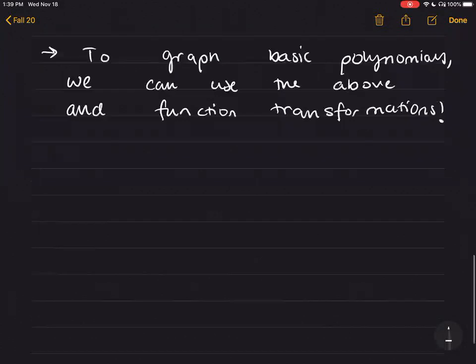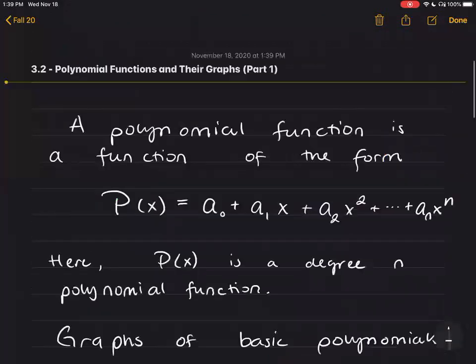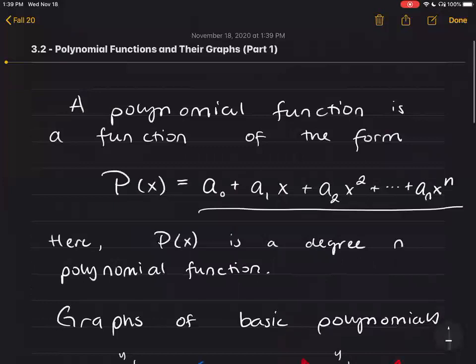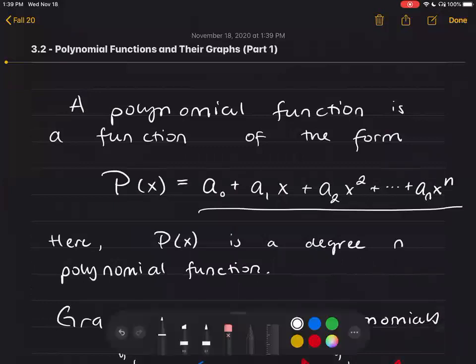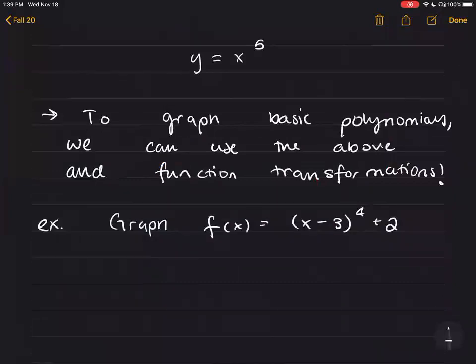So for example, if we wanted to graph maybe this polynomial function, say we've got (x minus 3) to the 4th plus 2. This isn't in the standard form, as we've seen up here, but it is still a polynomial function if you expand it out and everything.